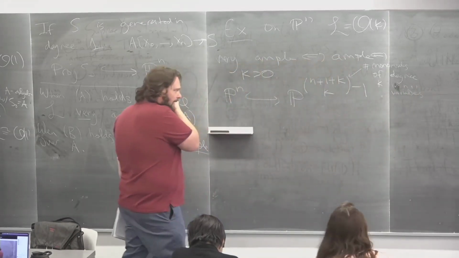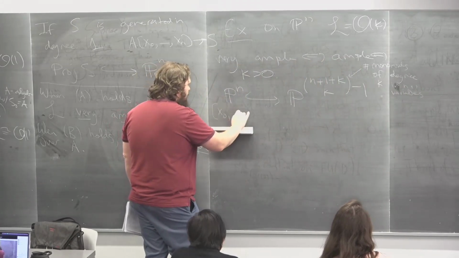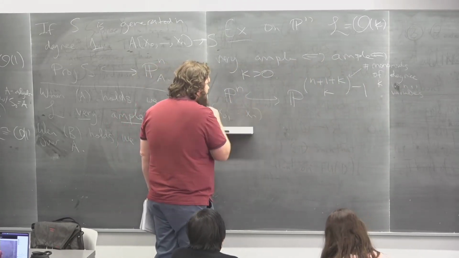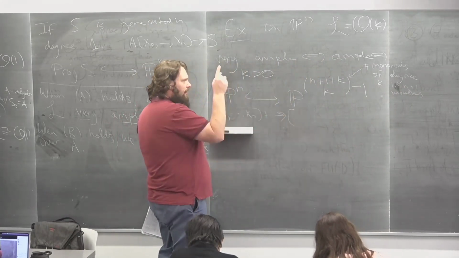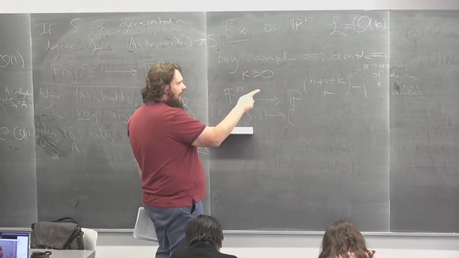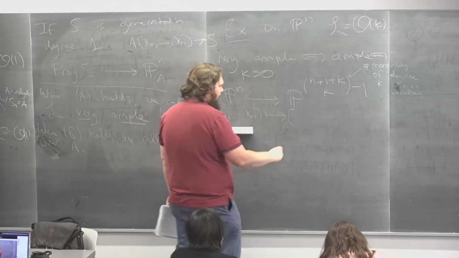If you think about this map as coordinates, I have my x_0 up through x_n, and what this maps to is the coordinates in here are every monomial of degree k in all n plus 1 variables applied to these.